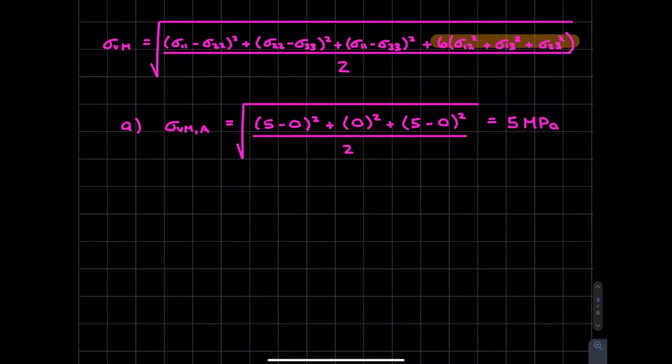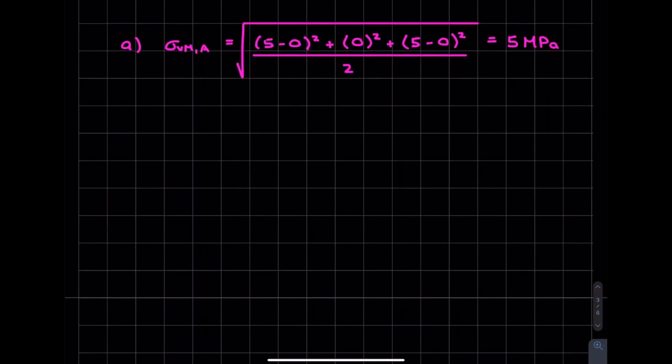Yay. Now you say, oh, great. Well, how about sigma Vm, or von Mises, of matrix B? So again, it's the same one as before. The only difference is now we have a negative sign on that sigma 1, 1. So we come down here, we got negative 5 minus 0 squared plus, this one will also be 0, and plus negative 5 minus 0 squared.